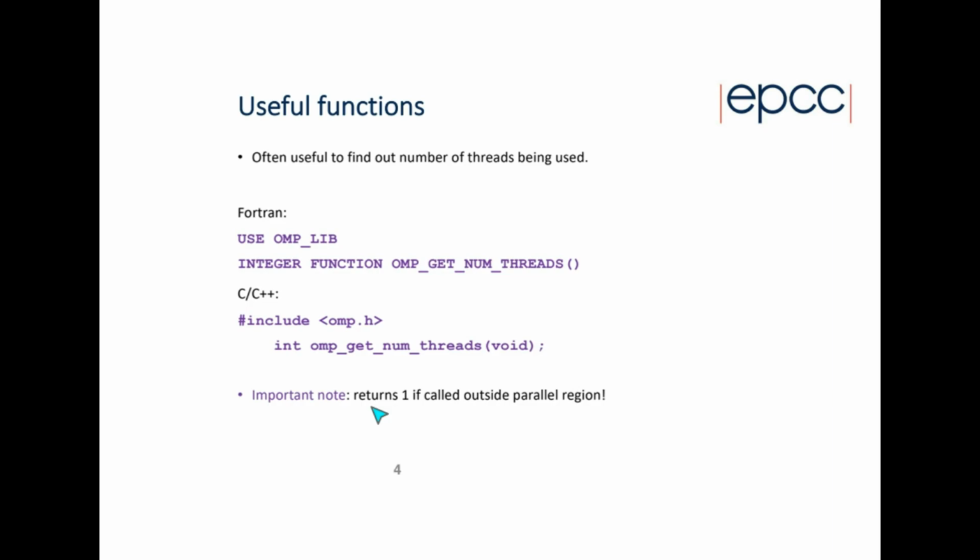It really is how many threads are currently executing, so it doesn't always reflect the value that you set in the environment variable. There is another function that will get you something closer to that, which I'll talk about later in the course. So this is really how many threads are currently executing.